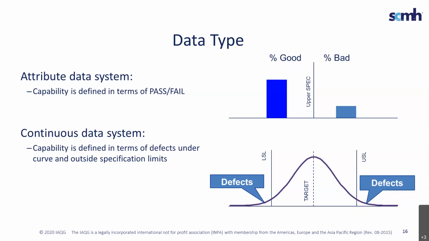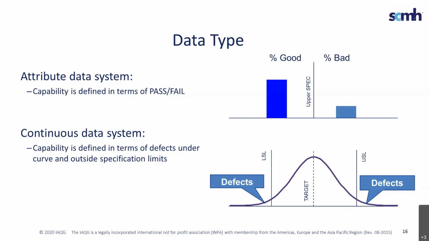But it's going to be a name of sorts, pass versus fail, good versus bad. And typically, the way we describe capability on those is just the percent good and the percent bad. But we do have to have some type of spec or some type of criteria that tells us what is good or bad. So getting back to what I mentioned before, I'm comparing my process versus the voice of the customer, what is good and bad.